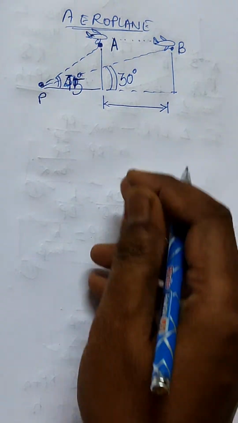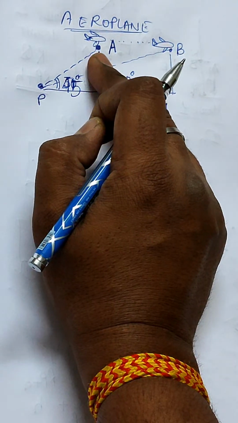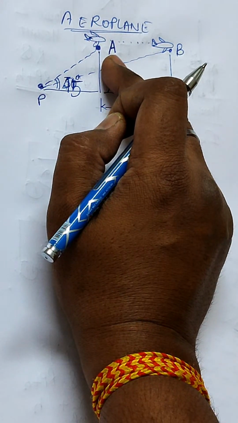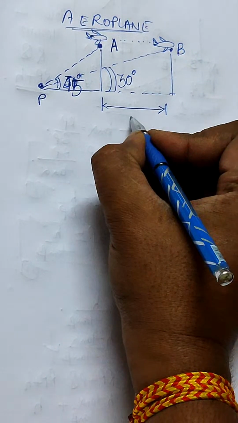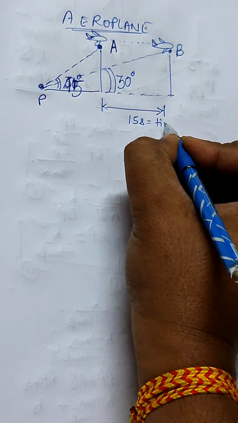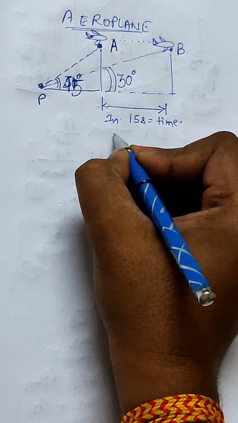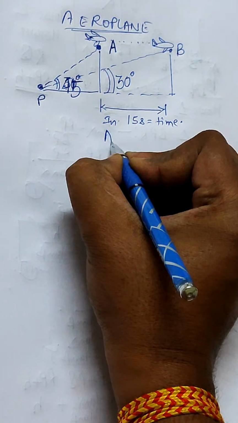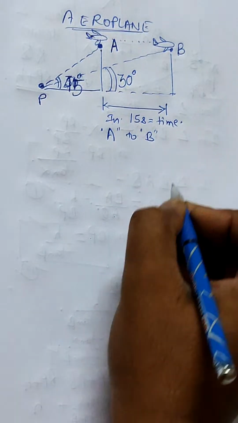So two conditions are given to you. The aeroplane is flying. Initially it was at position A, and after a flight of 15 seconds it changes its position from A to B, right?